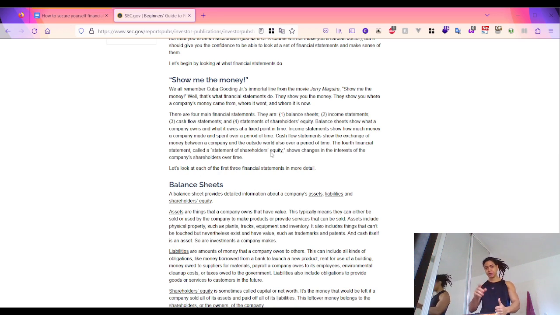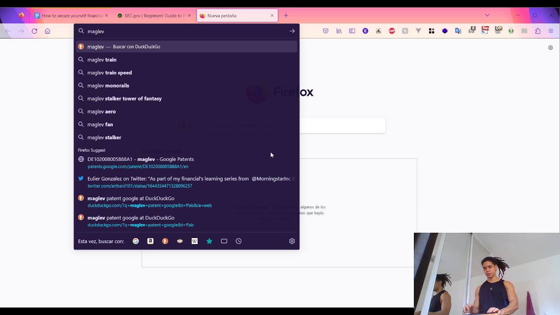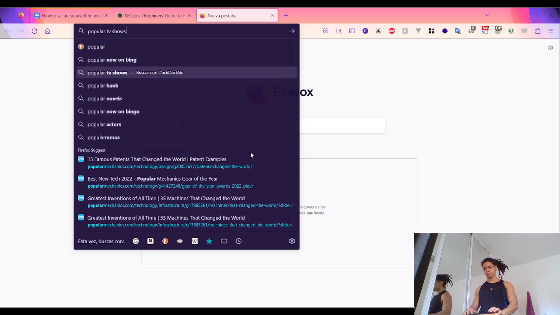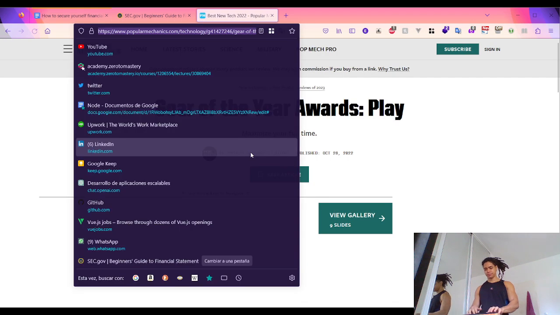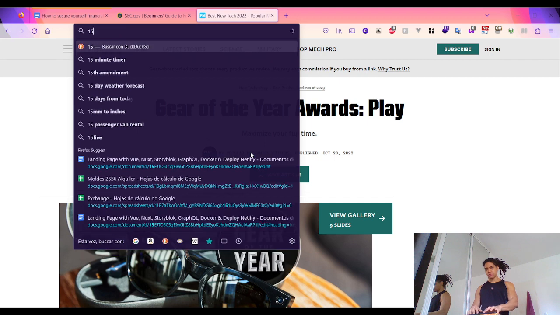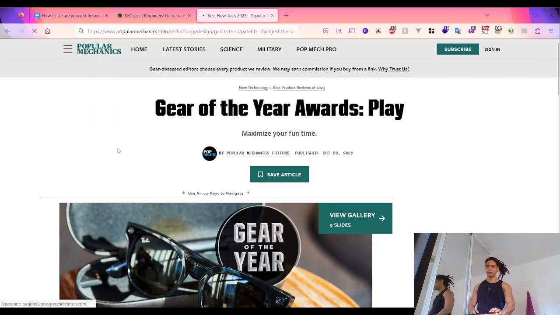Maglev, issued in 1969. Let's see, the maglev patent from Popular Mechanics, the 15 famous patents.